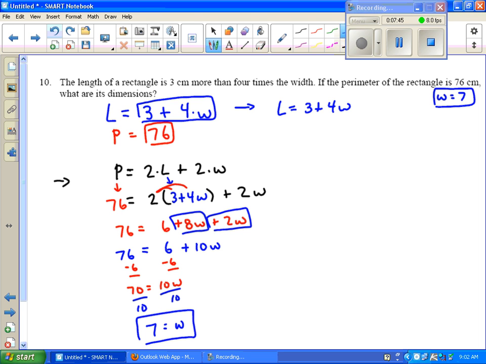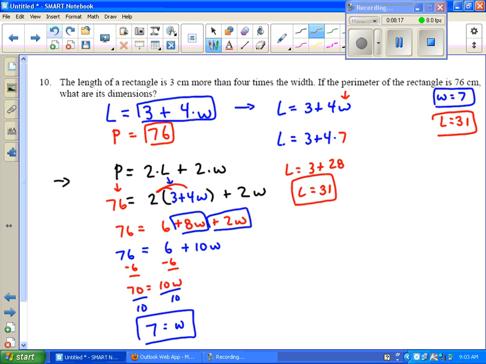We can plug in our new value for W, 7, in place of W. So L equals 3 plus 4 times 7. 4 times 7 gives us 28, and 3 plus 28, L's value equals 31. So it asks you for the dimensions. Your width is 7, and your length is 31, and both of those are in centimeters. 7 and 31.